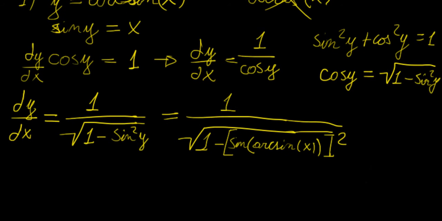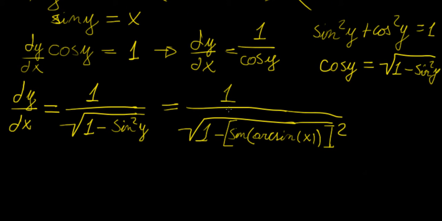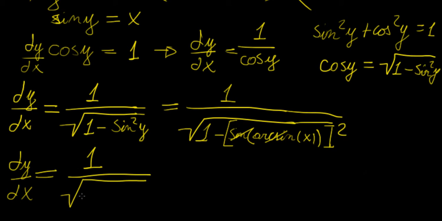We can work our way from the inside out. What happens when you have sine with the argument arc sine? These two functions are inverses, so they cancel out, leaving x by itself, and then x is squared. So our final derivative is 1 over the square root of 1 minus x squared. That's the derivative of arc sine.